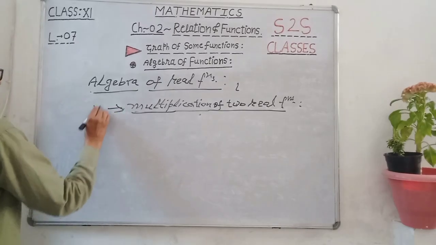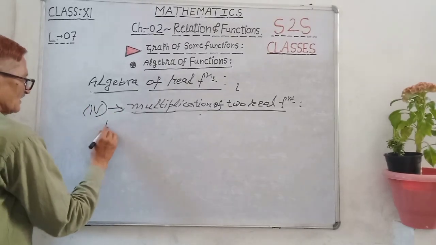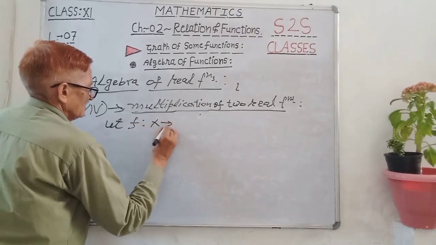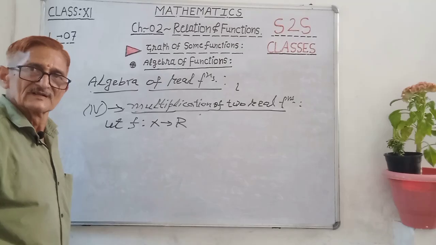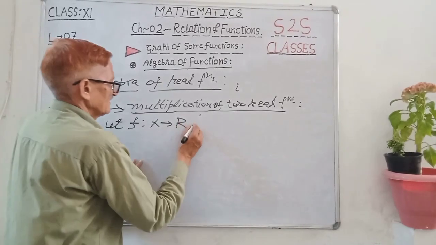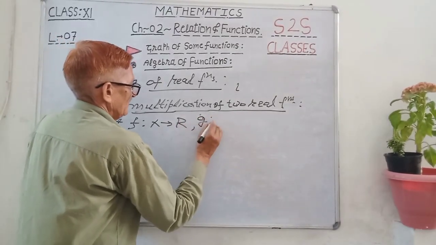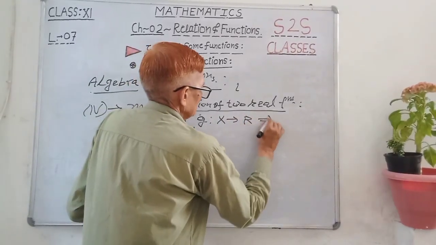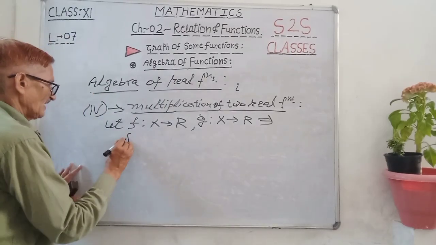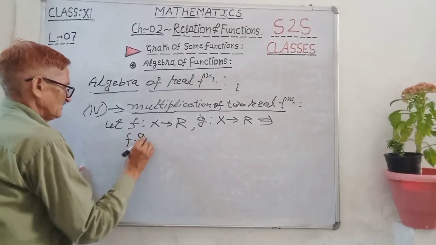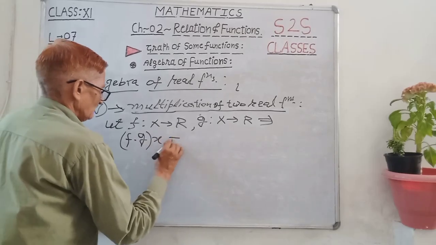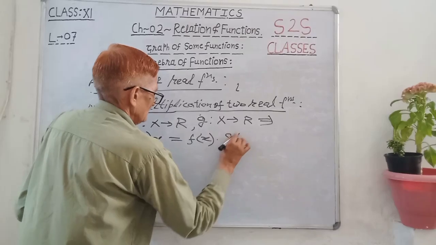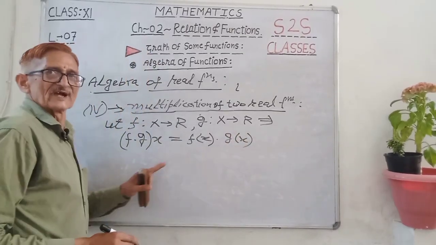What will it be? Same as before, let f: X → R, where X is a subset of real numbers R, and g is also a function X → R. Then this implies multiplication: if we are doing (f·g)(x), that will be equal to f(x) into g(x), an algebraic product.